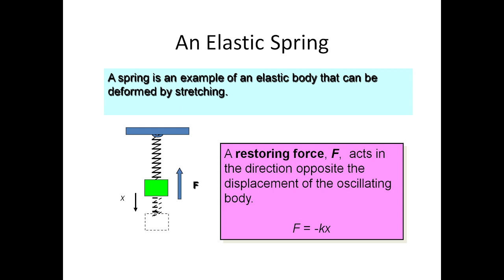Next is about the elastic spring, how the spring behaves elastically. A spring is an example of an elastic body that can be deformed by stretching. Here, one end of the spring is tied and at the other end a weight is supported.